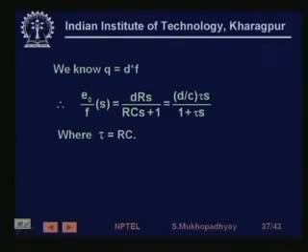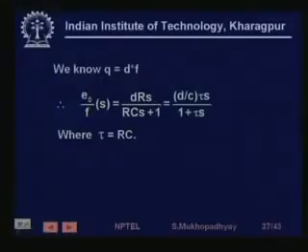So you can see that not only does the time constant of this transfer function depend on RC, but its sensitivity also depends on C, right? So if the C changes, if you now connect a higher length cable, then its sensitivity is going to change, which is a very undesirable situation.